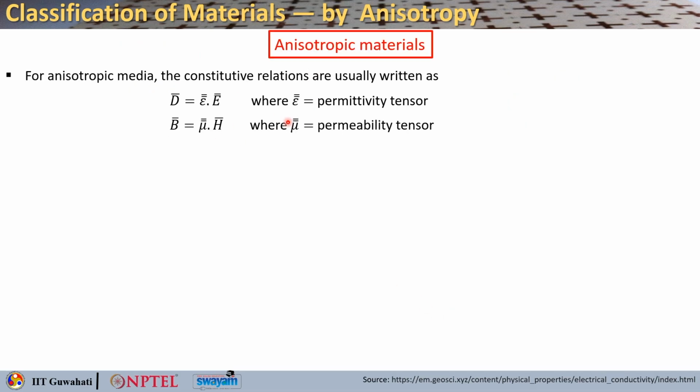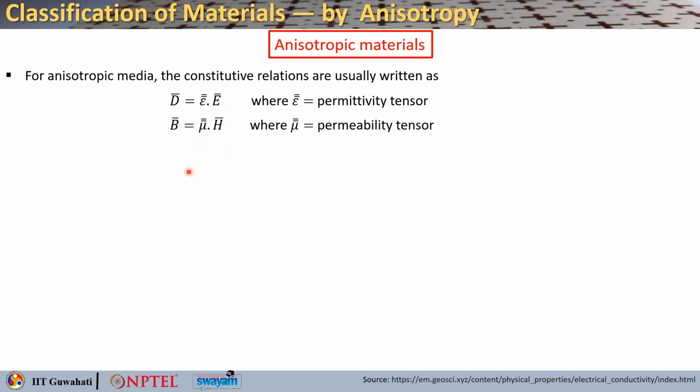So, this is also another notation. For anisotropic media the constitutive relationships will be written as D equals epsilon double bar, which tells you it is a tensor, okay, E. You see this notation tells you that these are vector fields. Okay.